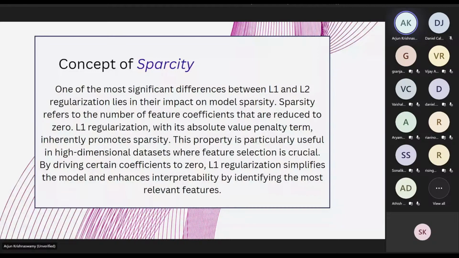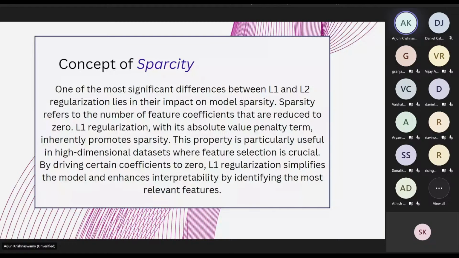In L1, because of that absolute value penalty term, it makes some of the weights zero completely, but in L2 it doesn't make it zero completely. So L1 promotes feature selection, while L2 reduces complexity. Both of them lead to reduction in overfitting in their own different ways. Both of them are very powerful, but they are a little different in the way they perform reduction in complexity.